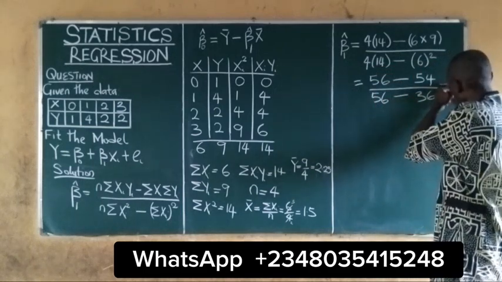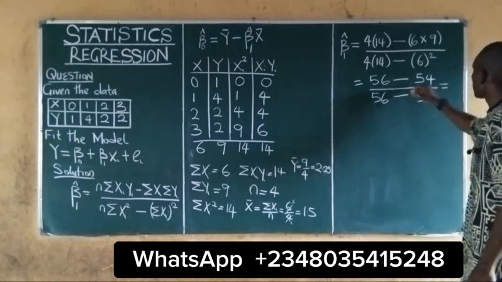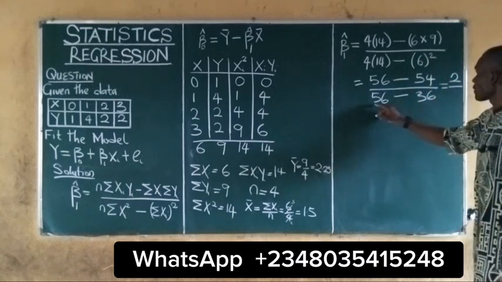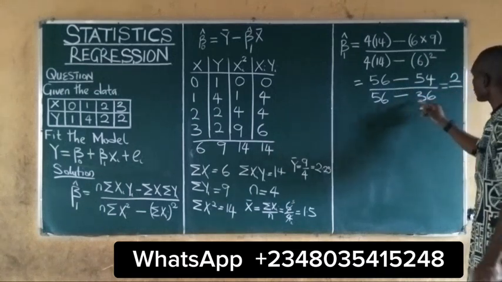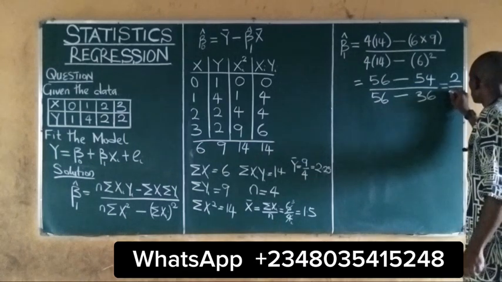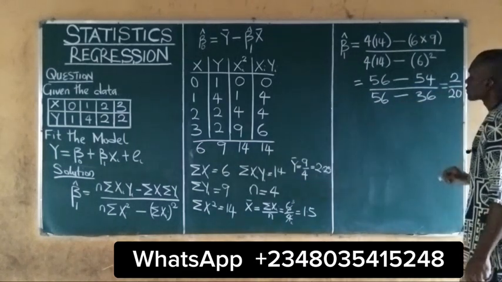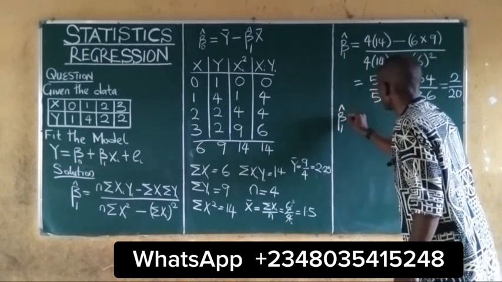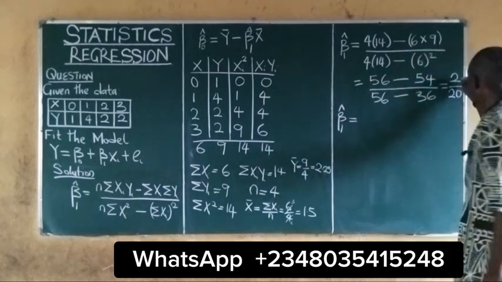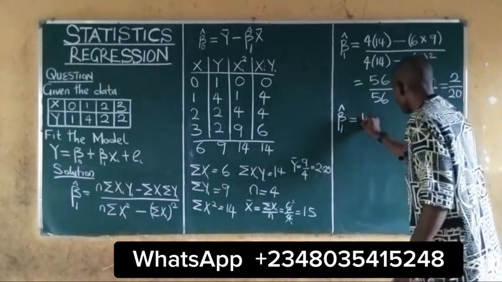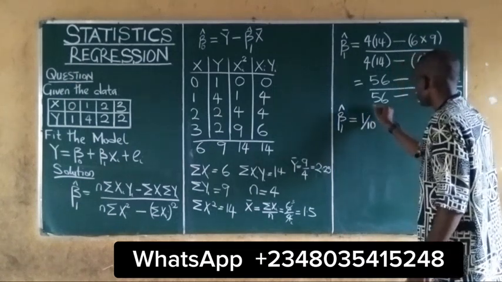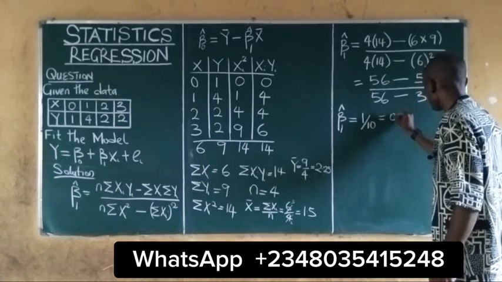So we have 56 minus 54, which is 2, all over 56 minus 36, which is 20. It then means that the B1 estimate is 2 all over 20, which is 1 over 10, which is 0.1.